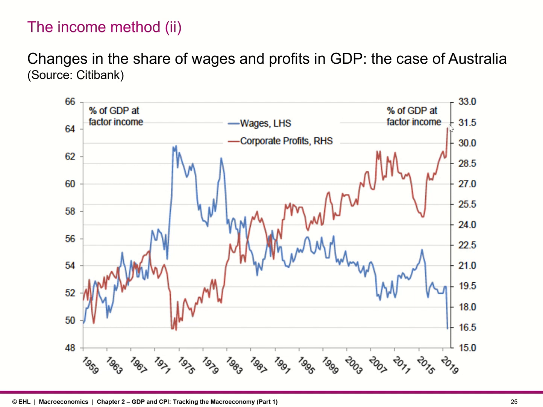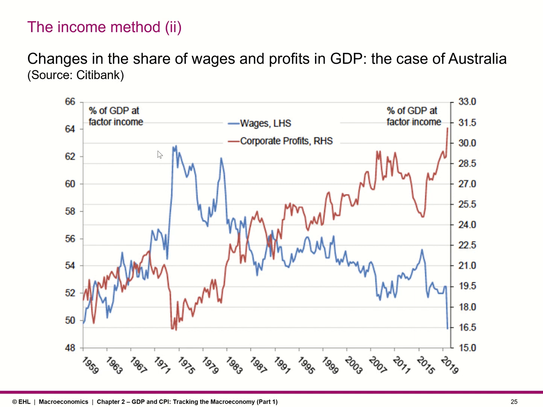In 2019, this share reached more than 30% of GDP. So 30% of total income, or 30% of GDP, is distributed to shareholders as profits. And this share has constantly been increasing over the last 50 years.